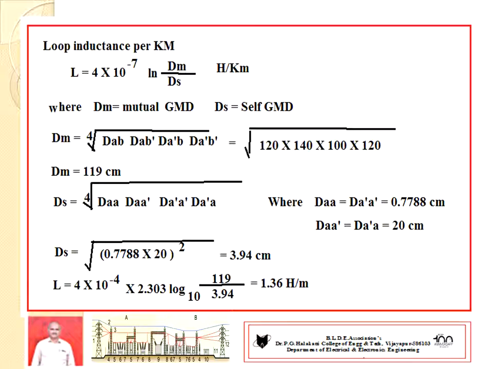Hence Ds equals 3.94 centimeter. Only the calculation of Dm and Ds is important. Then you substitute the values, and you are going to get 1.36 Henries per meter.